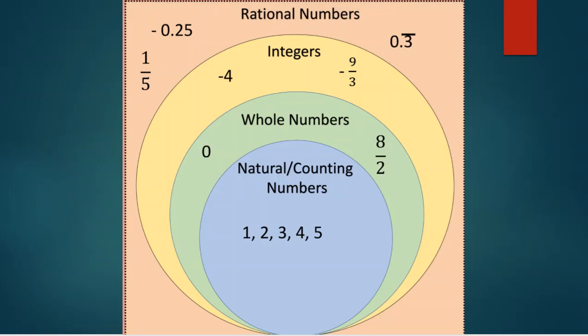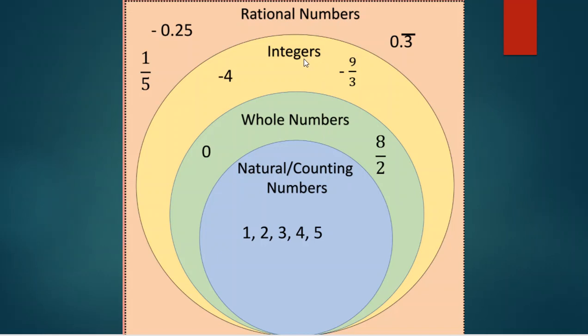Okay? So let's go ahead and look at this number chart just quickly as a review. Our natural numbers are all of our counting numbers. Our whole numbers are all of the counting numbers, including 0. Integers are our positive and negative whole numbers. And then rational numbers are any numbers that can be written as a fraction. Okay? So if a number is a whole number, it is also a natural number. Okay?